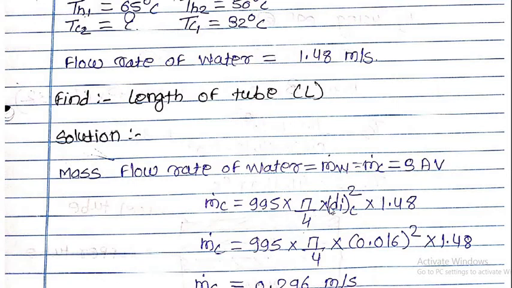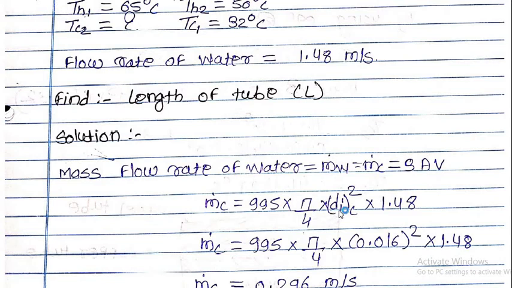pi by 4 multiplied by inner diameter of copper squared, because water is flowing through the copper, and the cross sectional area through which the water is flowing, or the diameter through which water is flowing, is nothing but the inner diameter of the copper tube. So for that purpose, the area should be considered as the inner cross sectional area.